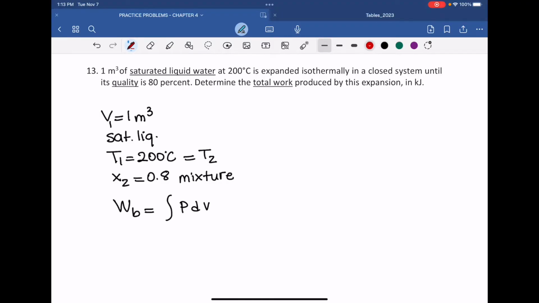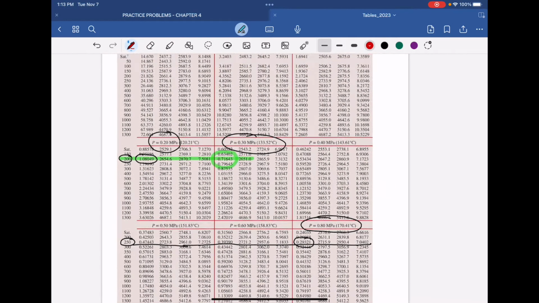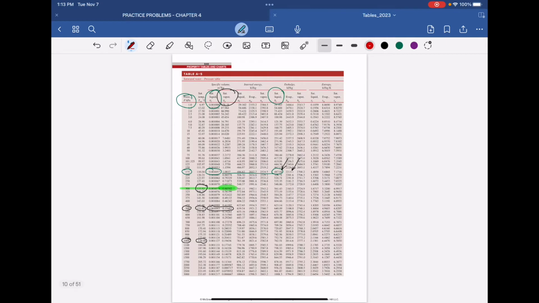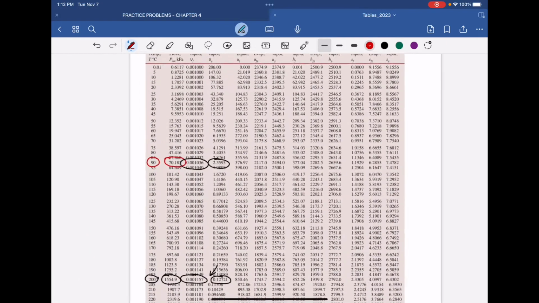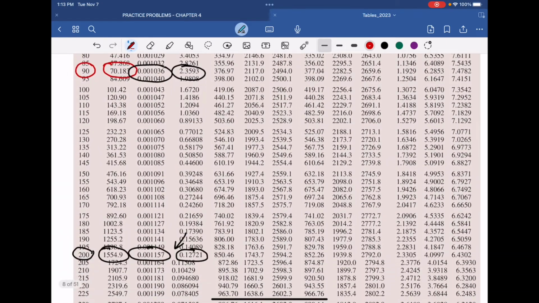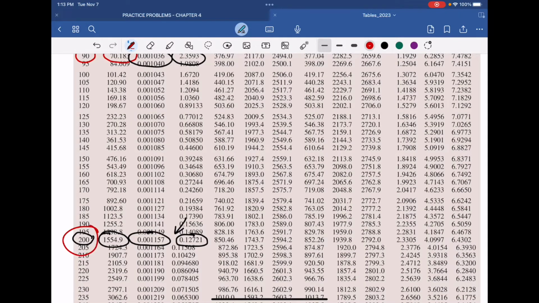We need to look at tables, and the pressure has to be the saturation pressure at that temperature, because initially you have a saturated liquid. So with the water tables, at this temperature, this has to be our pressure.